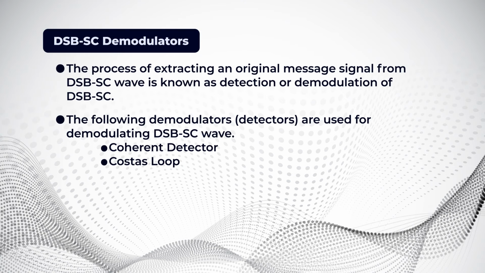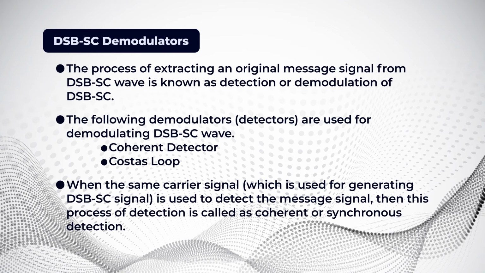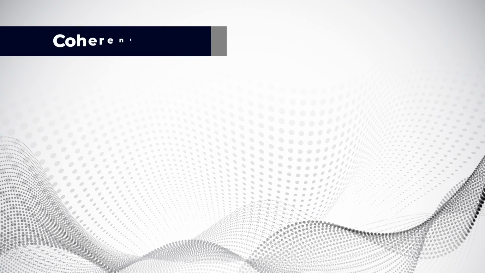The first one is coherent detector and second one is Costas loop. When the same carrier signal which is used for generating the DSB-SC signal is used for detecting the message signal, then this process of detection is called coherent or synchronous detection, and the detector is called coherent detector.